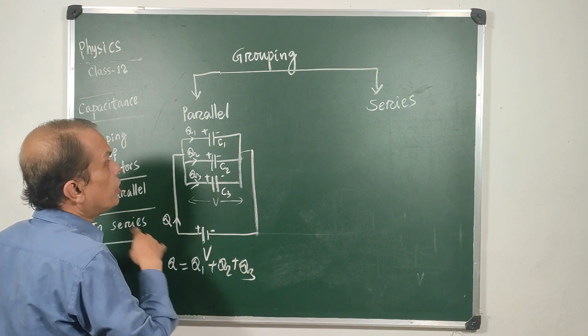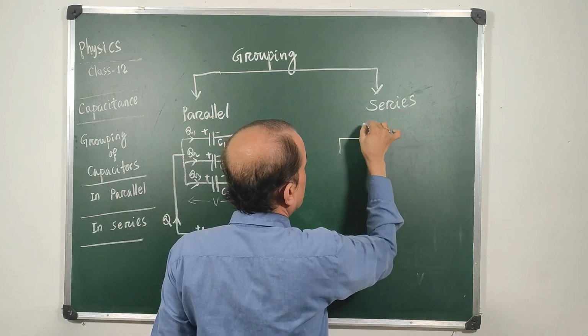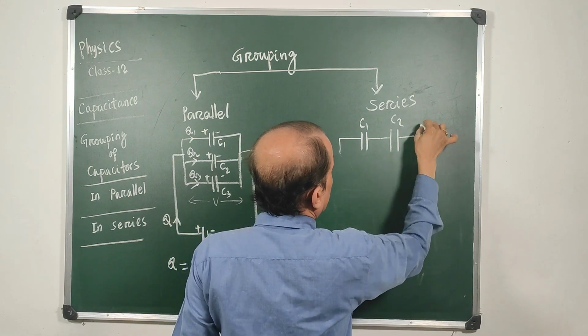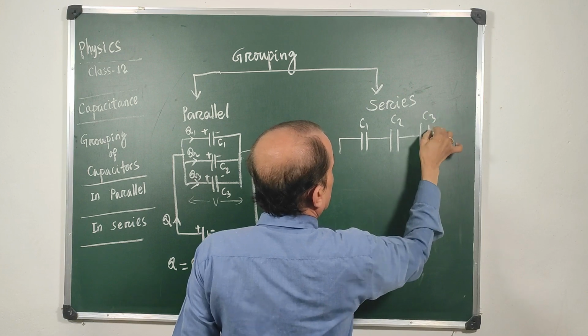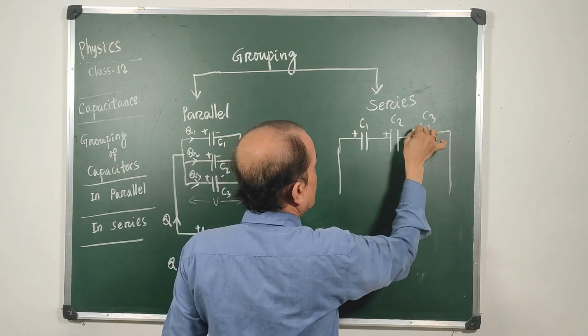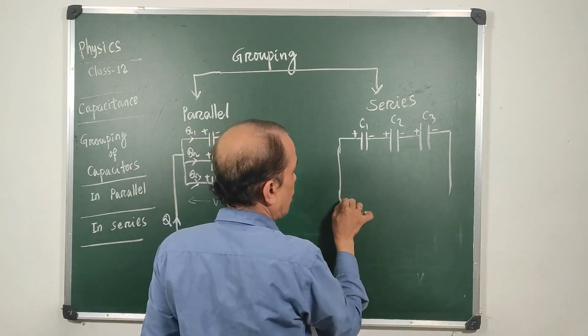While if we have a series combination, we shall have capacitors like this. The first one C1, the second is C2, the third is C3, and in this case the positive and the negative ends are not directly connected to the source of EMF.